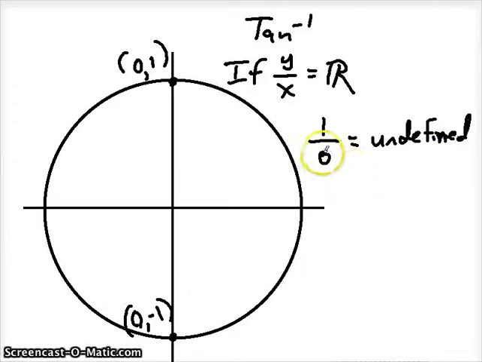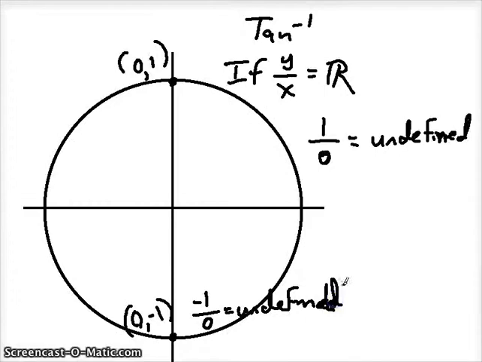Anytime you have 0 in the denominator, it's undefined. So I can't say that I can have an inverse tangent at 90 degrees or pi over 2, because at that exact spot it's undefined. Similarly down here, if I set up the ratio of y over x, I get negative 1 over 0, which is still undefined. Undefined. Let's spell it right. There we go.